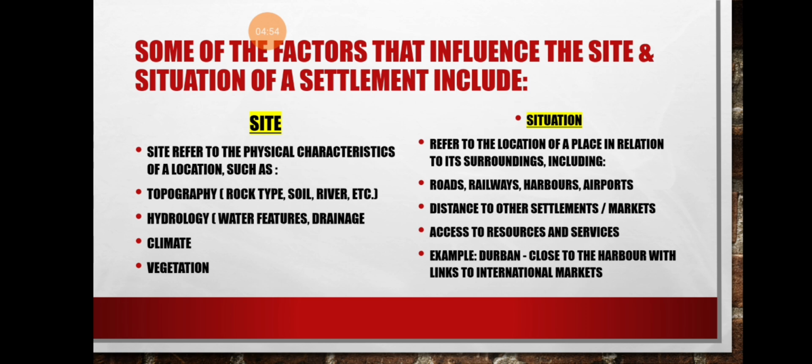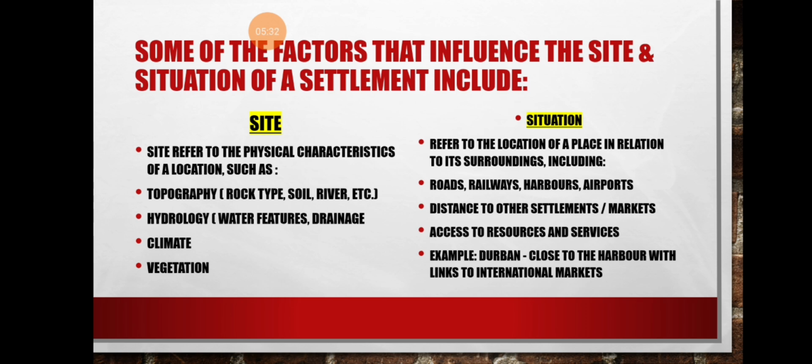Site refers to the physical characteristics of a location, such as topography. We talked about the topography. People may move from areas where the soil is not fertile to areas where the soil is fertile so that they can practice agriculture.